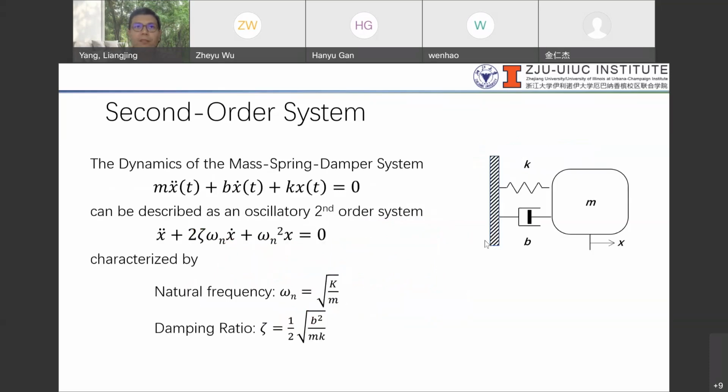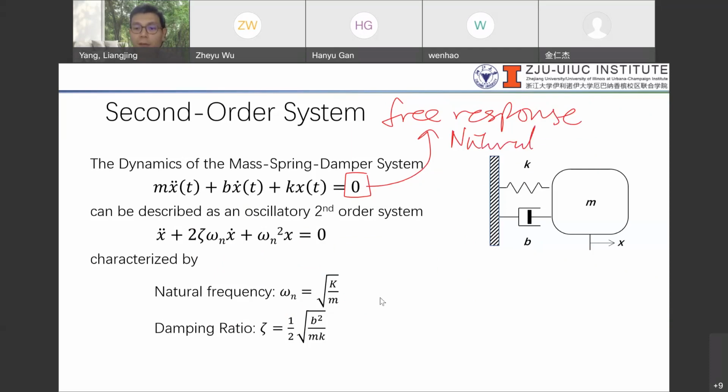All right, so what we saw earlier on, this part here being equal to 0, means that it is free response. And of course, sometimes we call this natural response, when you don't do anything to it, no external force.